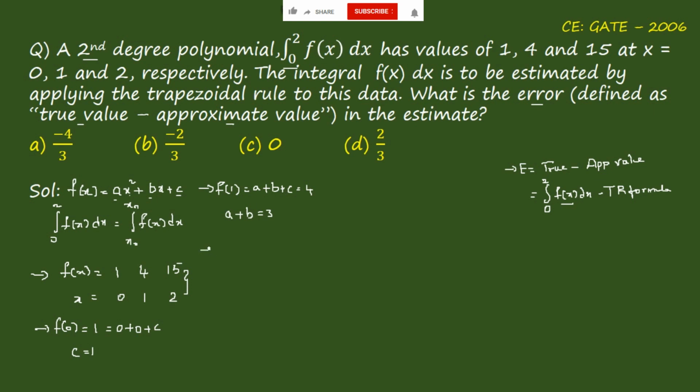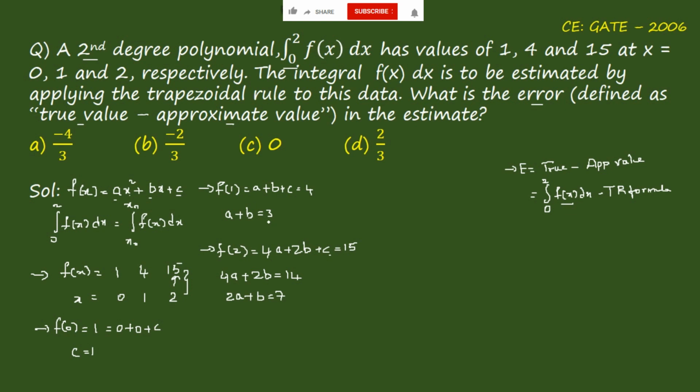Now coming to f(2), it becomes 4a plus 2b plus c, which is given as 15. Since c is 1, we get 4a plus 2b equal to 14. Removing the 2, we get 2a plus b equal to 7.